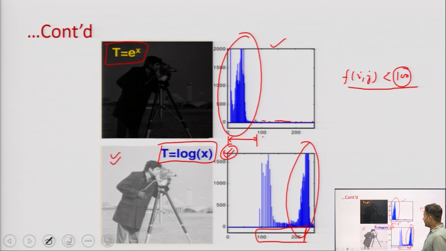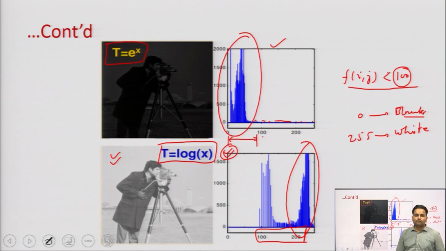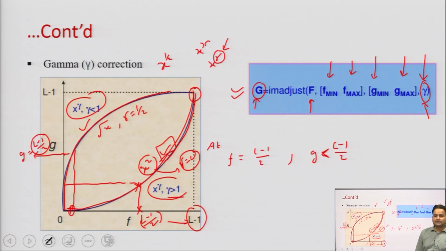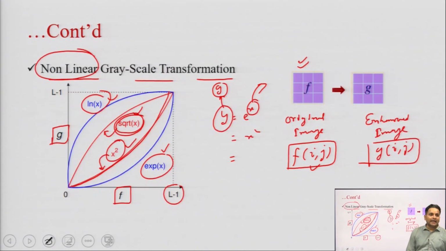Here we are choosing the white portion of 255, which shows the white portion of the gray level, and 0 belongs to the black level. So your picture will look like this by using nonlinear functions. I think you now understand what gamma correction is doing to get the enhanced image by using nonlinear grayscale transformation.